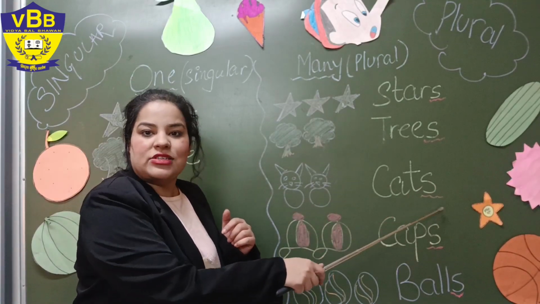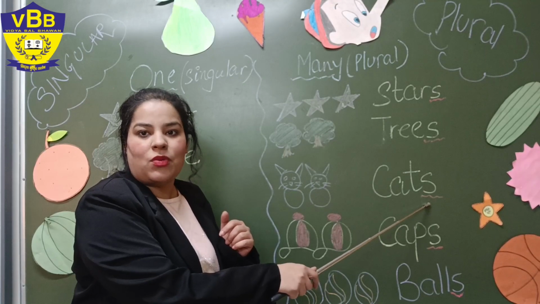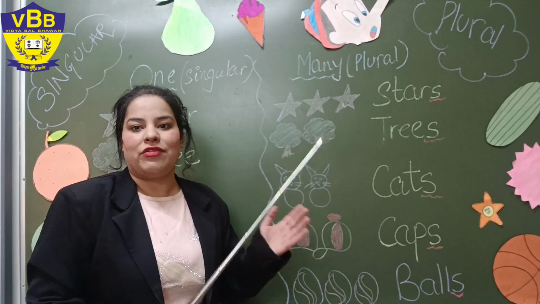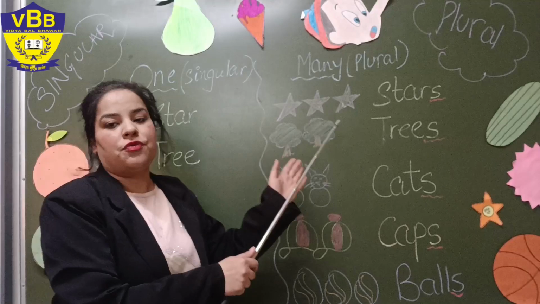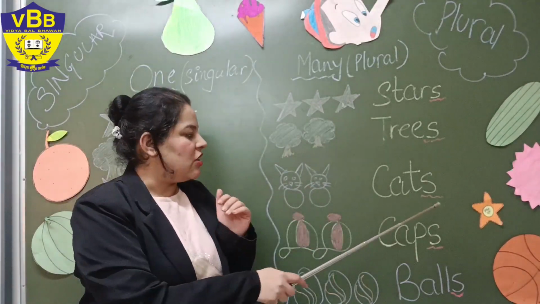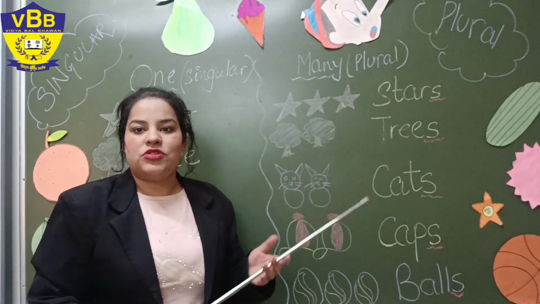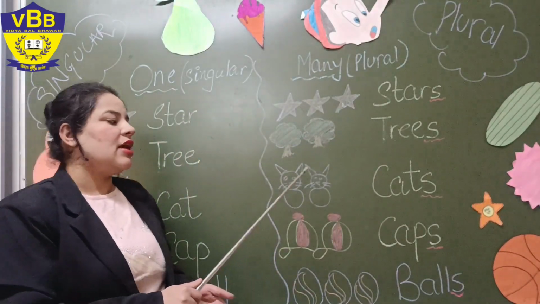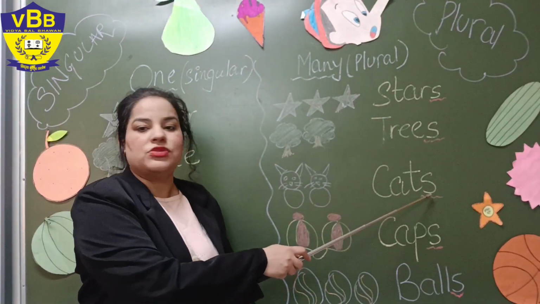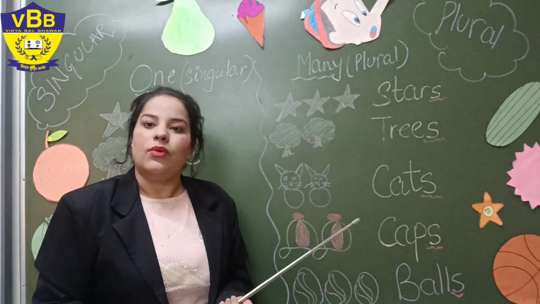C-A-T-S, cats. Why we use S at the end of the word? You already know. While we are changing from one to many objects, we generally use S at the end of the word. The object which is more than one object, we generally use S at the end of that word.